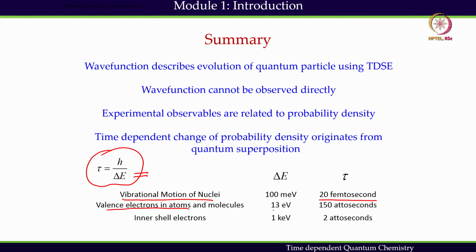For the electronic superposition state, delta E is much larger, and that is why the time scale of the density oscillation we should observe is much faster. So, with this we will end this module. We will continue the discussion of time dependent quantum chemistry in the next module.